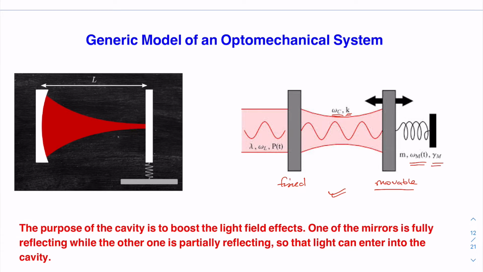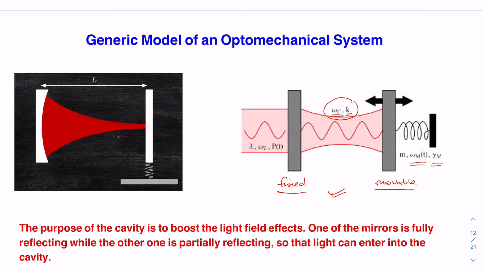On the other hand, the cavity is characterized by the cavity resonance frequency omega c and the photon decay rate kappa, and a laser is incident on this mirror that has a wavelength lambda, angular frequency omega l, and power P.